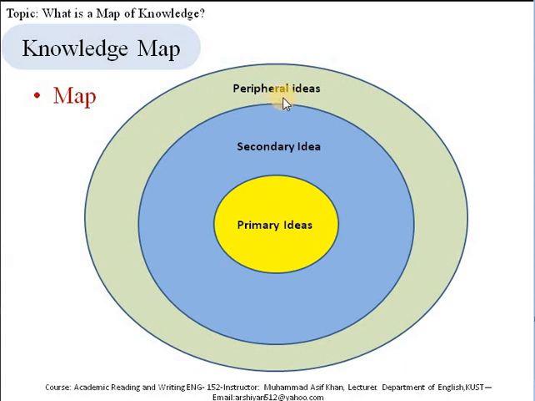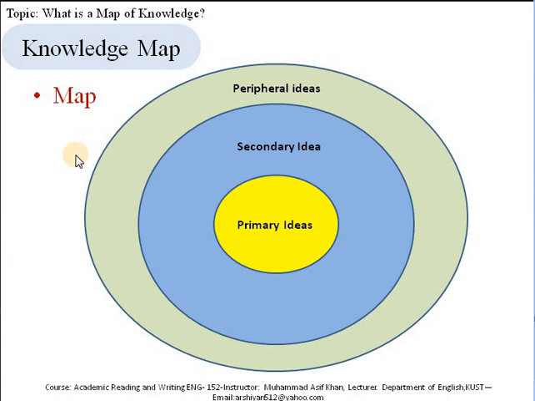And we see that the primary ideas, shown with the yellow color at the core of this system, explain the secondary and peripheral ideas. So this is one of the structures of representing the system of knowledge.